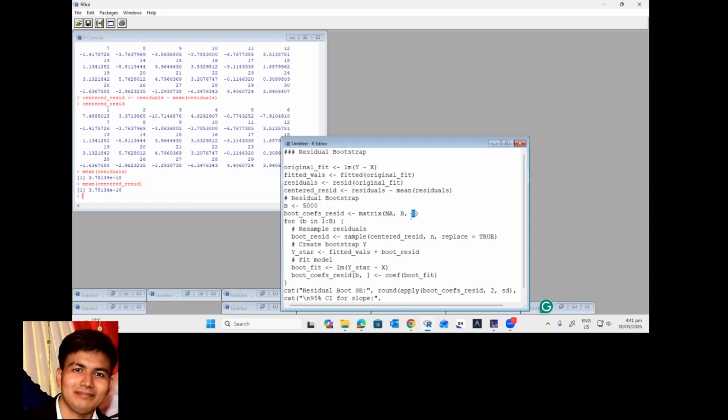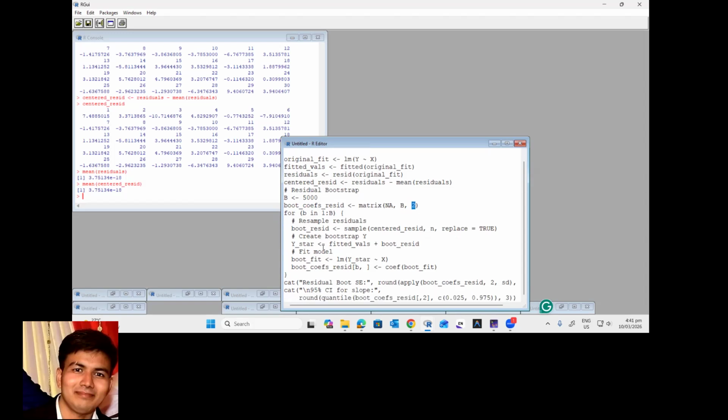So beta naught and beta 1, it will keep both of them. All right, after that we apply the for loop to resample the residuals. In the boot residuals, we are going to generate the random sample from the centered residuals of size n, with replacement.